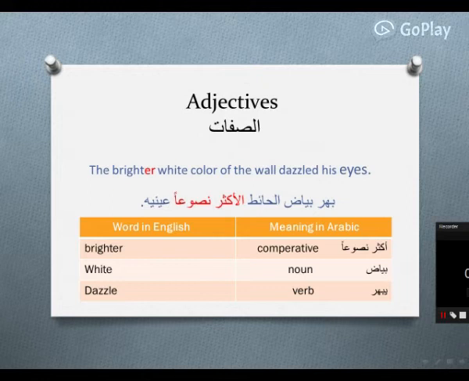Bahara, bayad, al-ha'it, and we're going to substitute er here with this word al-aksar, which means more in English. Nusu'an, aynayhi. This kind of sentence is acceptable for the Arabs because for many reasons bayad, as we said before, collocates with nusu'an, and this is a good word. So here the translation is wonderful.